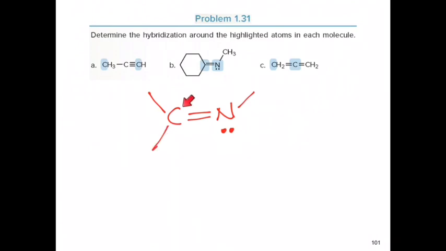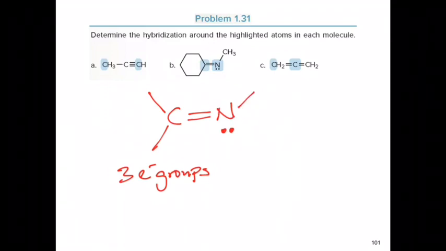Again, the very first step is to count the total number of electron groups on that specific atom. So for this carbon, we have 1, 2, and 3. So 3 electron groups for this carbon. And for this nitrogen, we have 1, 2, 3 electron groups as well.